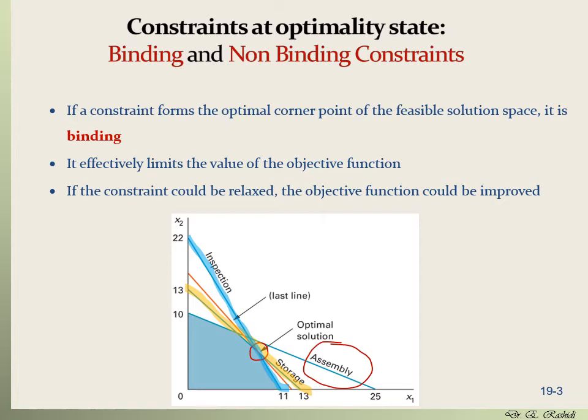So what that means is they have to invest on storage and on the inspection. They have to increase inspection time and storage resources so that they can improve the optimal solution, or the profit that they make. For the non-binding constraint, it doesn't matter. For example, the assembly.